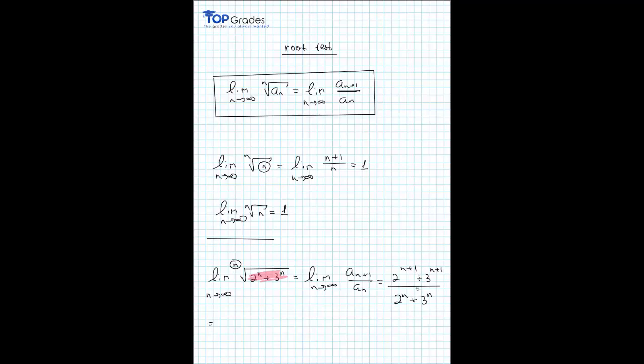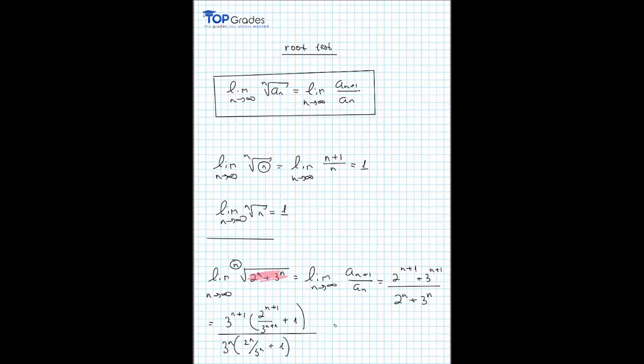What we said before, we have to factor out the biggest base. It's 3. So here we have 3 to the power of n plus 1 times (2 to the power of n plus 1 divided by 3 to the power of n plus 1, plus 1). Here from the denominator I can factor out 3 to the power of n.